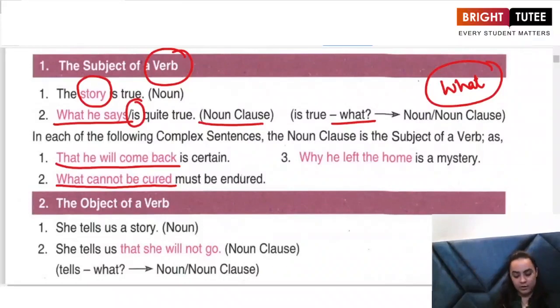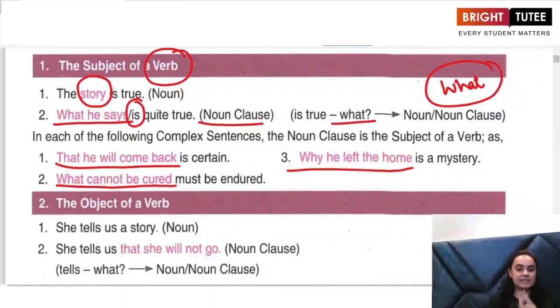It is in the place of a subject, so this is the subject of a verb. Why he left home is a mystery. What is a mystery? Why he left home. Here again, my clause is in the form of a subject, so the subject of a verb.